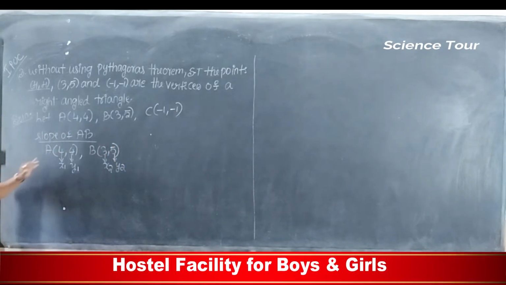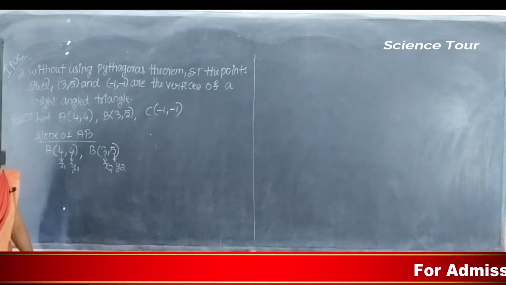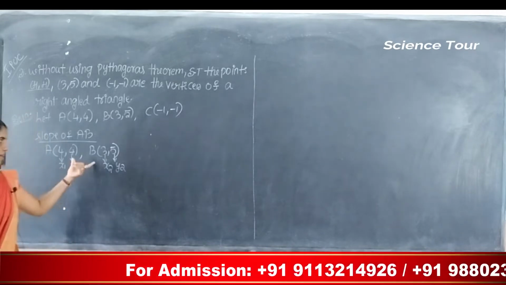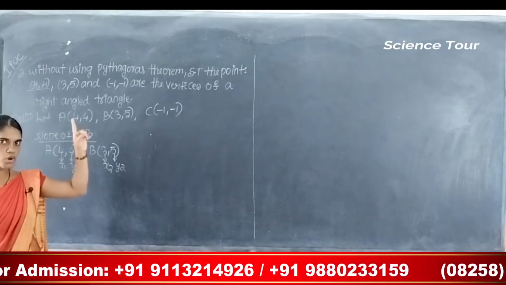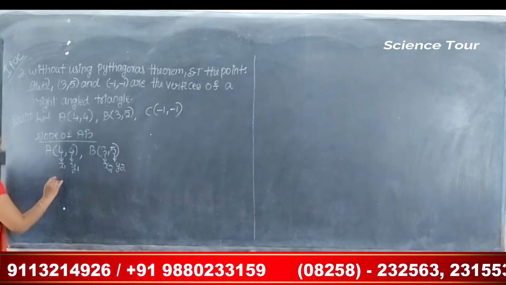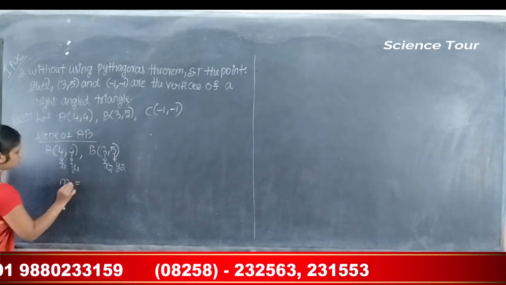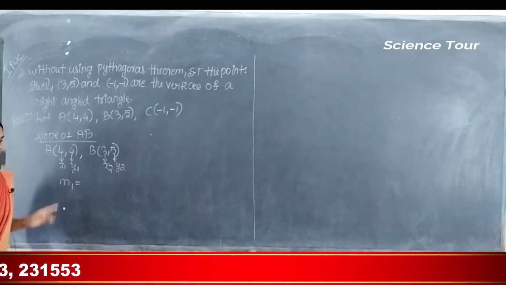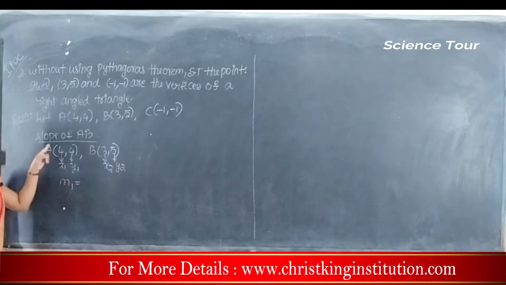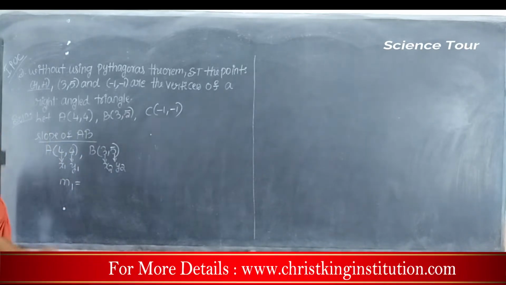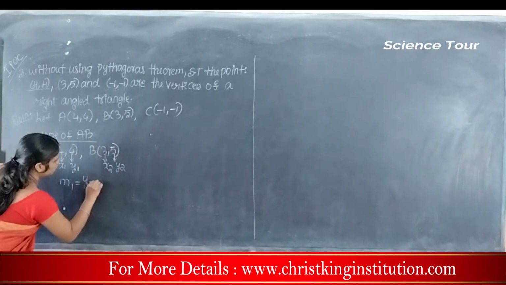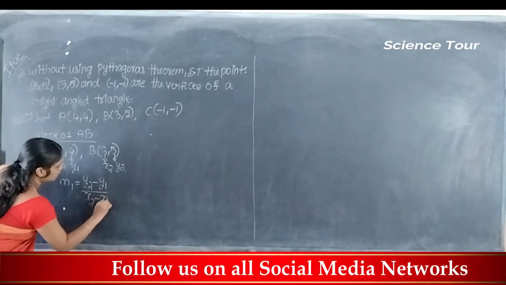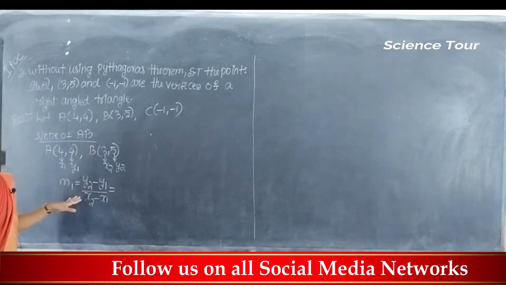Now if you have 2 points, how to calculate the slope value? The slope of a line is usually indicated by m, but here I will indicate it by m1. Here m1 is the slope of AB. What is our formula? m = (y2 - y1)/(x2 - x1). This is our formula, isn't it?